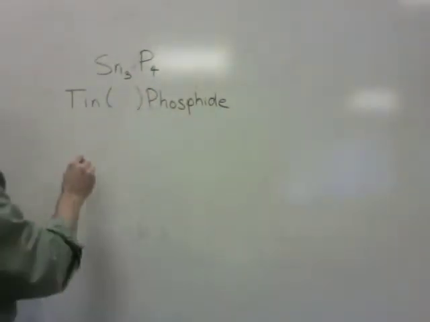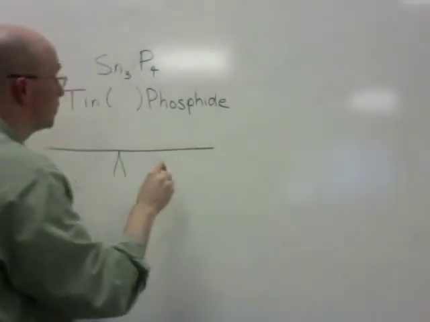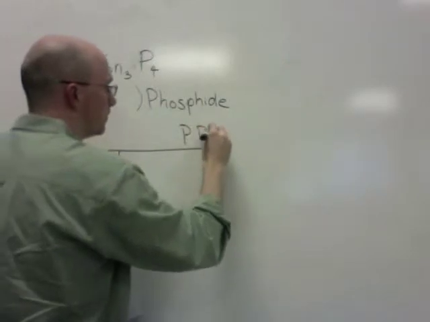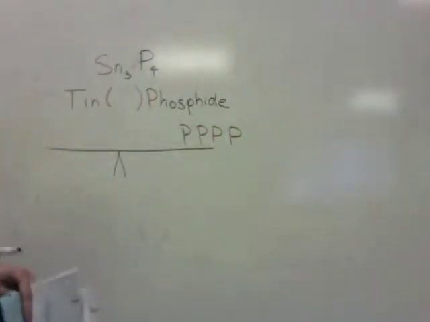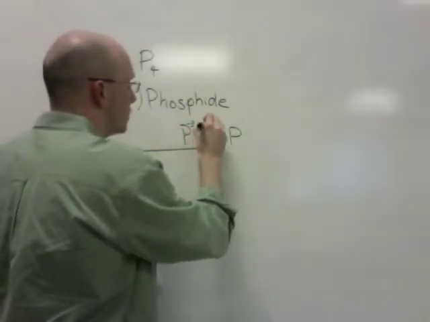So do the little triangle. How many phosphoruses do you have? You have 4. Each phosphorus, when phosphorus makes an ion, it's -3.